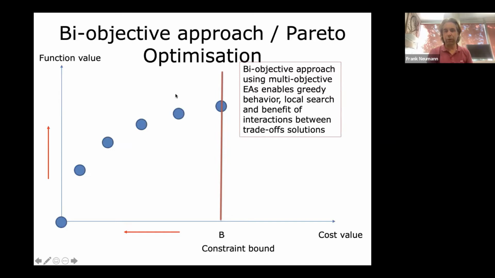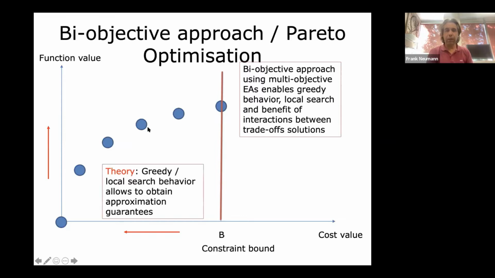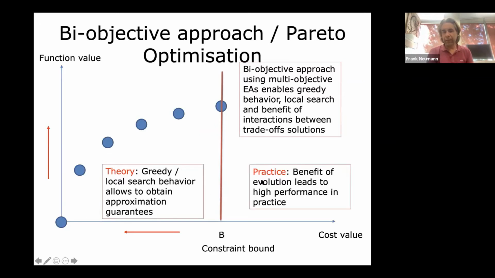You can do local search and improve solutions, and you can have interactions between the individuals. So now, from a theoretical perspective, you're getting a good approximation behavior for certain types of problems because you have this greedy or local search behavior. And I will give you 2 examples on that. So you get provable approximation guarantees. And in practice, you get the benefit of essentially greedy local search, the interactions, and this evolutionary behavior to give you good performance in practice.